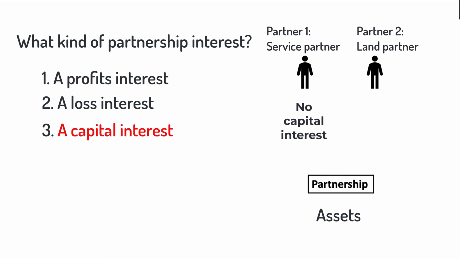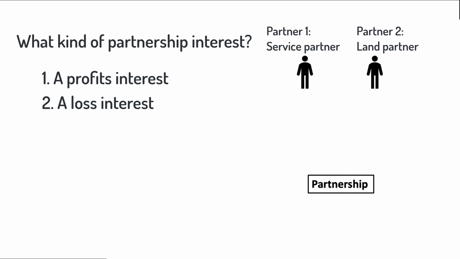Now Partner 1 only has a claim on the future profits and losses, but no claim on the current assets of the business. Unless the profit and loss interest can be shown to have a fair market value when Partner 1 becomes a partner, then Partner 1 has no compensation income.